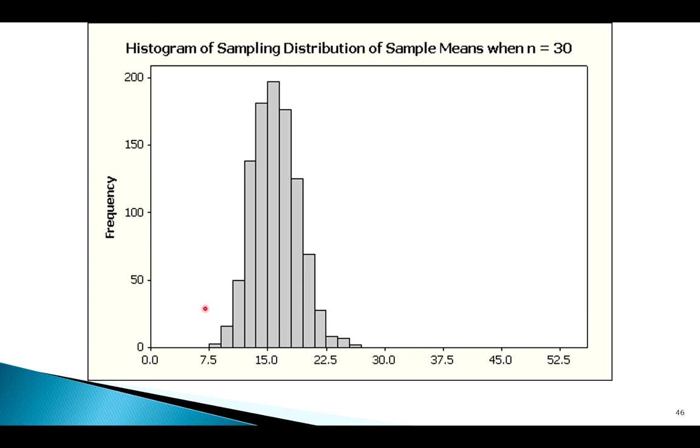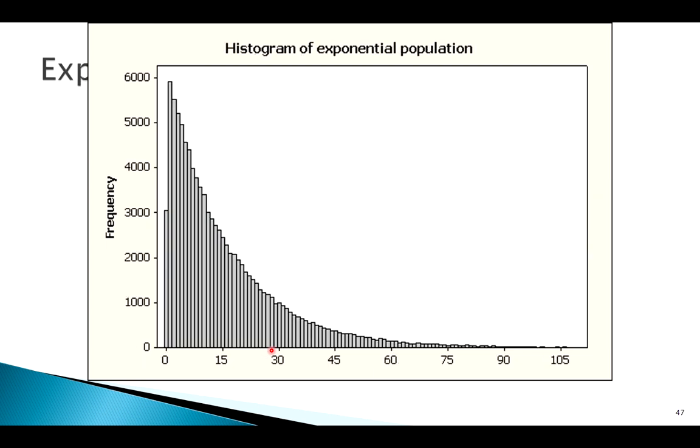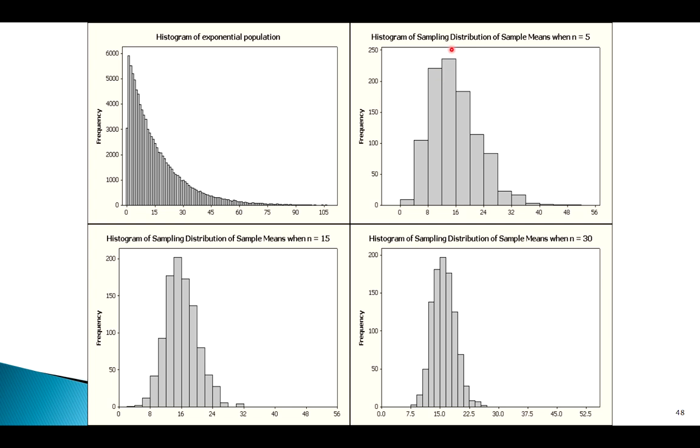Now we're looking pretty normal. Our center's looking to be right around 16, still accurate like we thought, and our spread is getting smaller. So non-normal, specifically exponential population, sampling distribution of size 5, we still see some of that right skewness. Sampling distribution size 15, it's starting to shape up a little bit. Sampling distribution of 30, safe to say it's pretty normal.